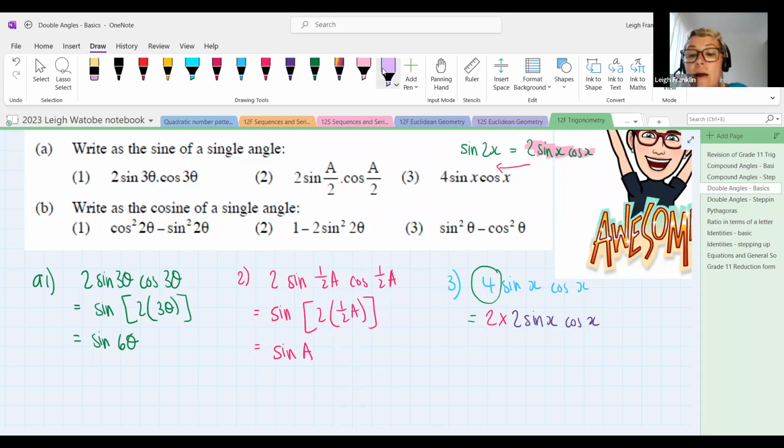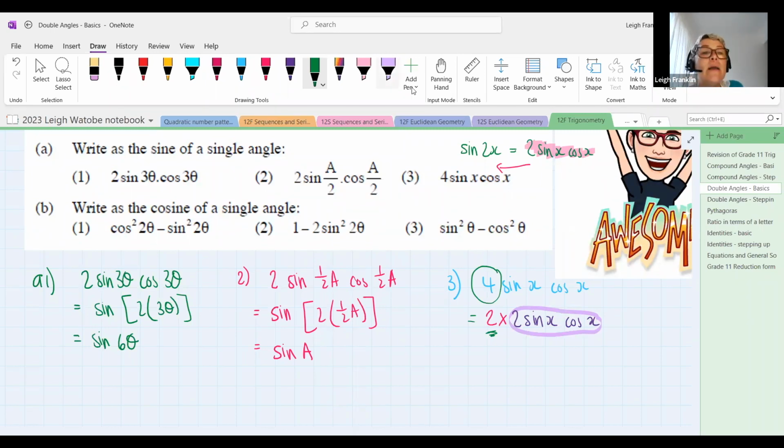This over here is your sine double angle expansion. But it's going to be doubled. When I say it's going to be doubled, I mean it's being multiplied by this 2 at the front. So 2 sine x cos x is sine 2x, but it needs to be doubled.